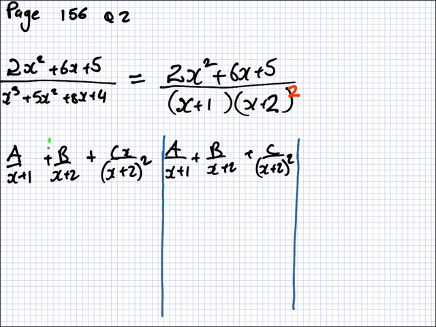Something interesting happens here though. I want to look at this on the side for a moment. If I have B over x plus 2 plus Cx over x plus 2 squared, yeah?